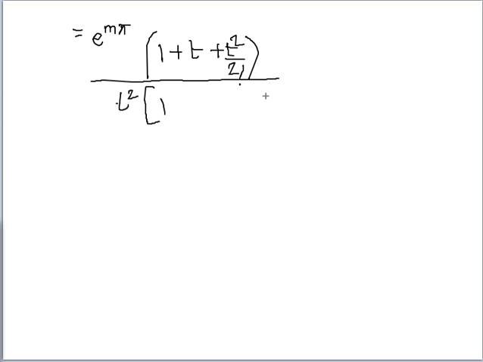So when t is taken outside, it becomes t square, times 1 minus t square by factorial 3 and so on, whole square.